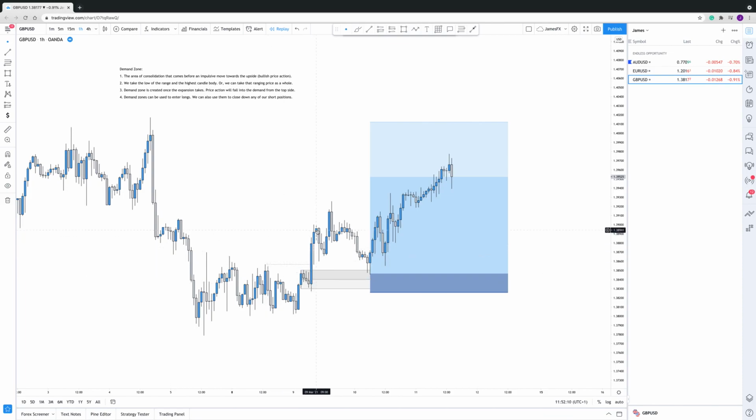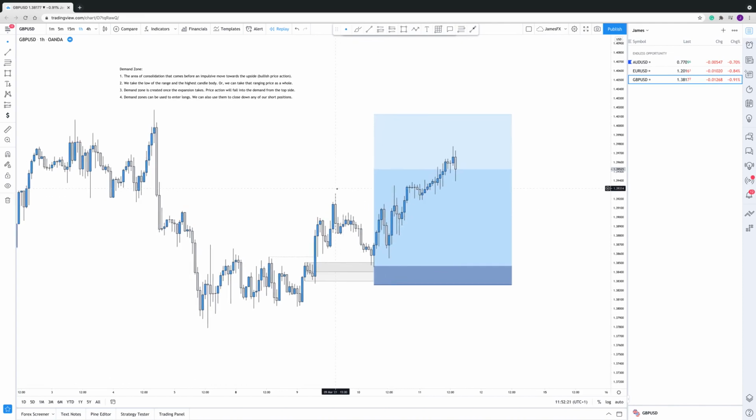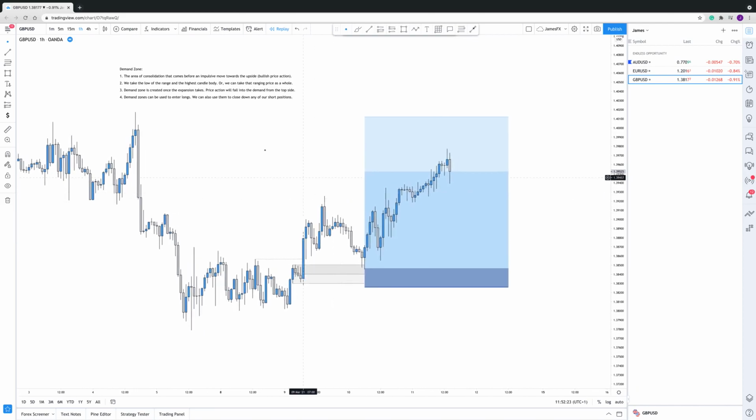So we pushed up, forming a higher high and a higher low, and you can see we then start to form these higher highs and higher lows. But if we take a look at this, so these are the rules up here. So the demand zone, the area of consolidation that comes before an impulsive move towards the upside.